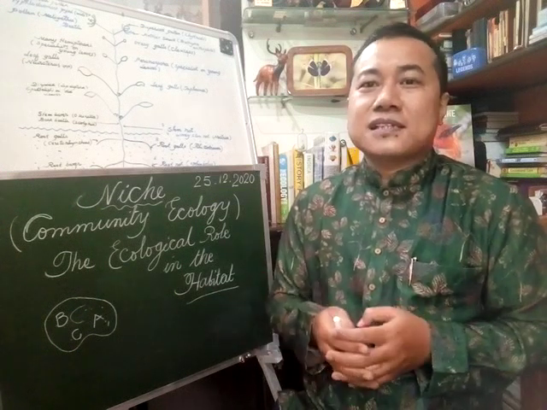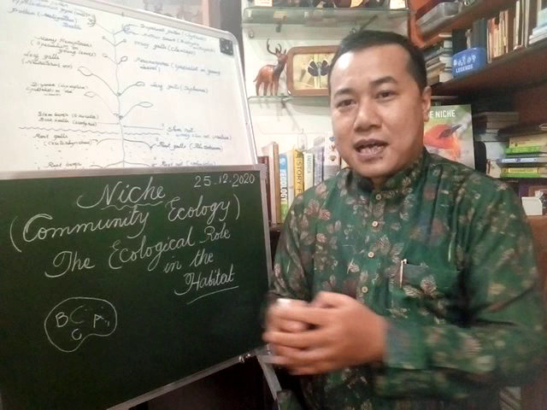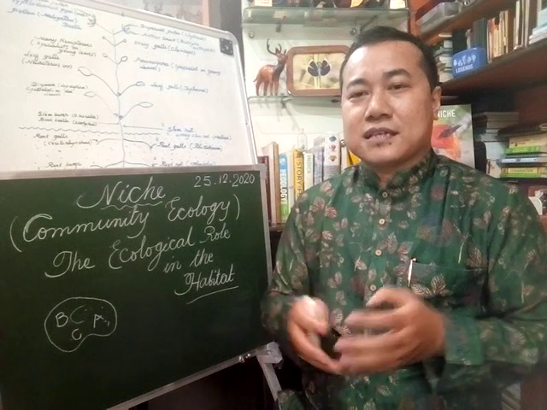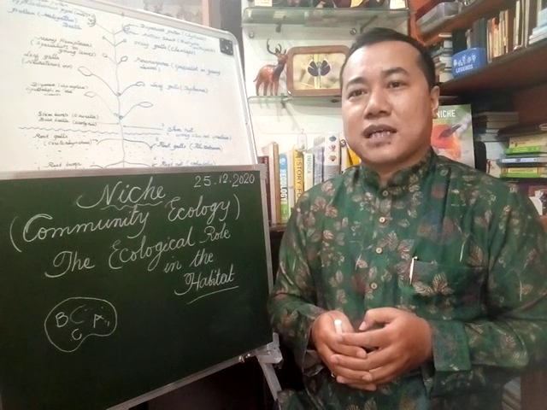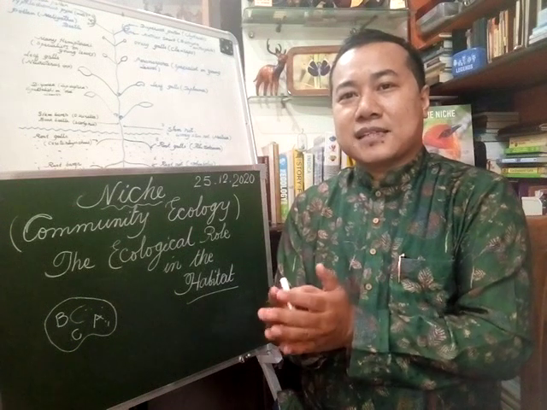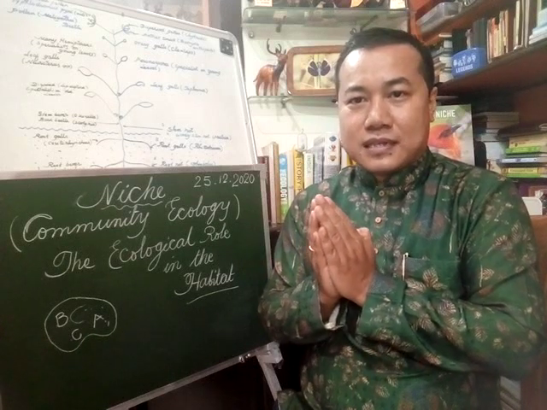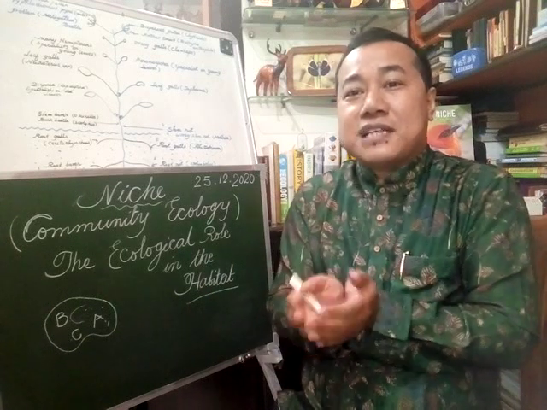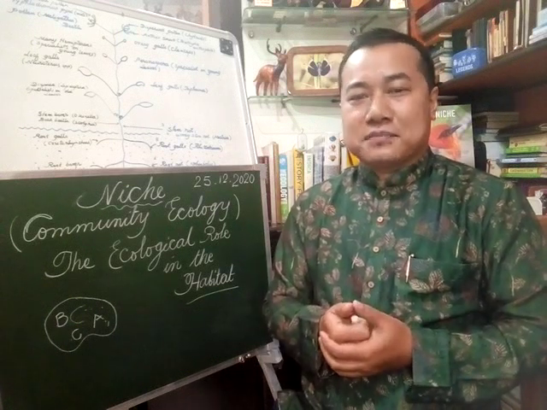So whatever it is, an organism, where it is found is what we call an address, called a habitat. And what does that particular organism do in that particular area? The ecological role that an organism is performing there is what we will be calling the niche of an organism. So it was very rightly said by Odum that the habitat of an organism can be considered as the address of an organism, and the niche is the profession that an organism owns in that particular habitat.